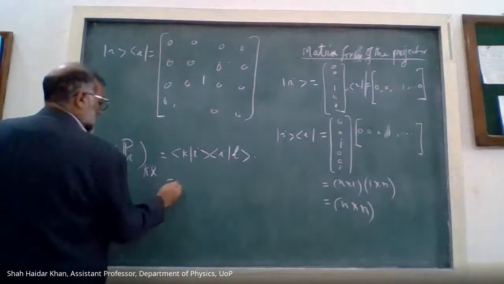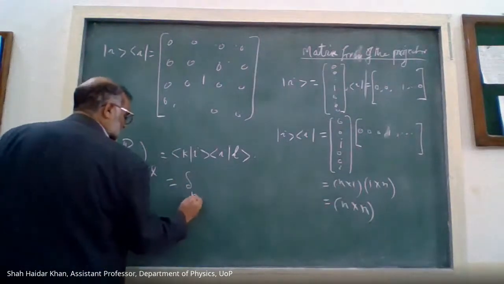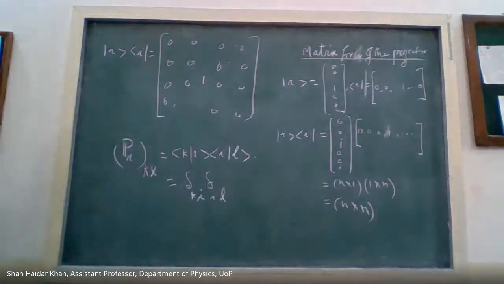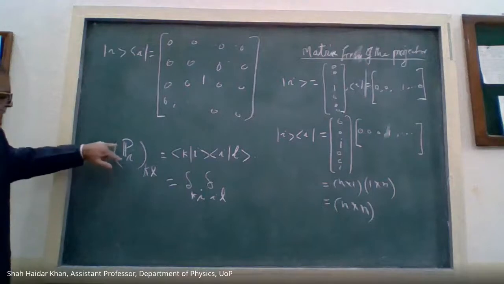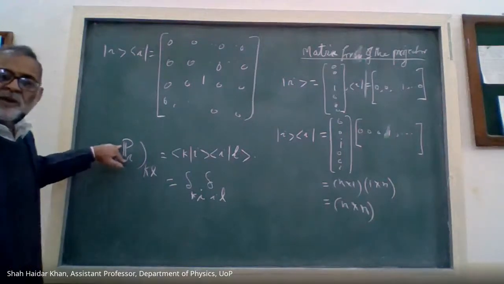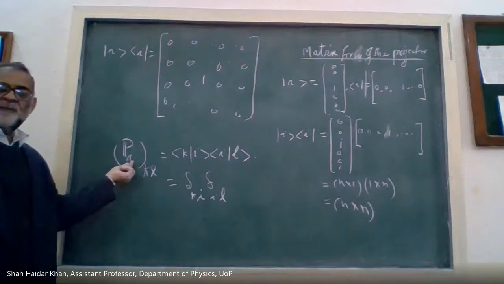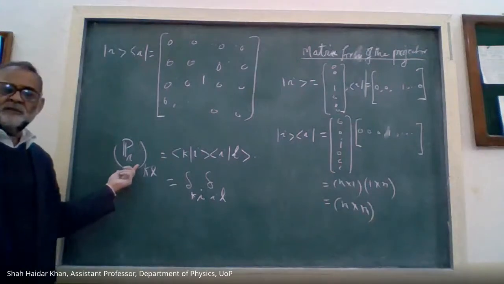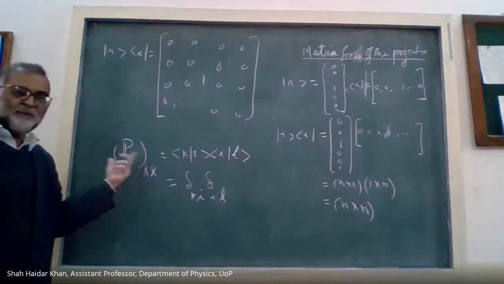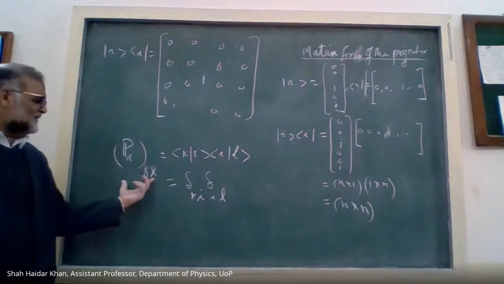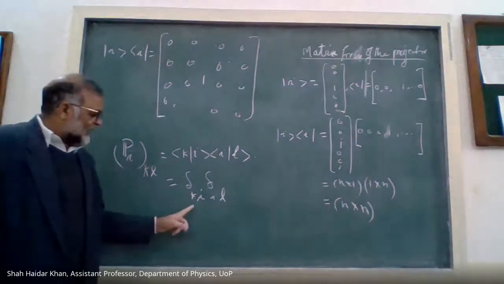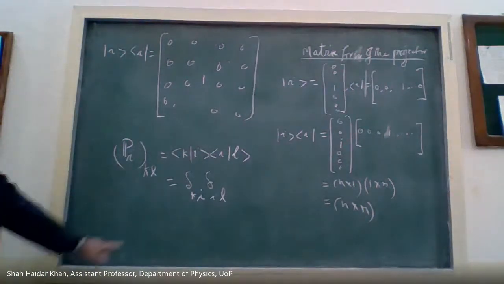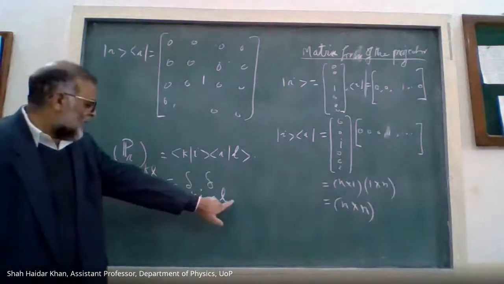And this can be written as delta ki and delta il. So for the projector operator with dimension i, we can find the element of this matrix by this equation. We will get a 1 if they are all the same.